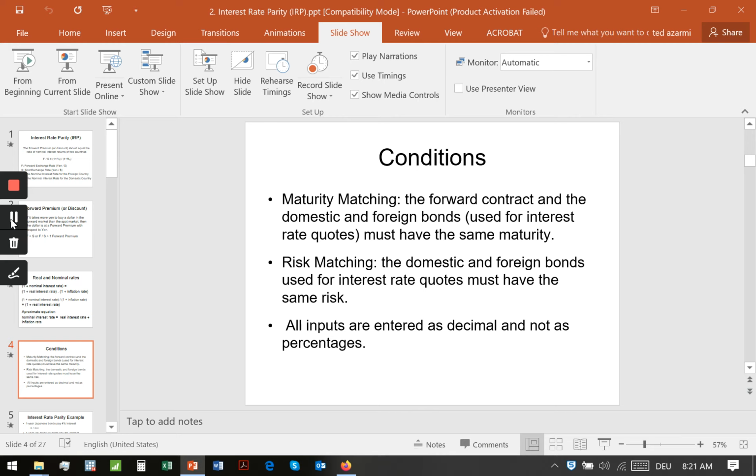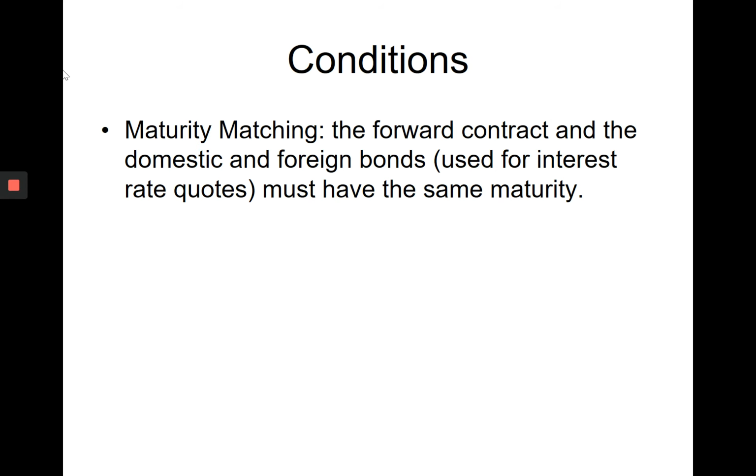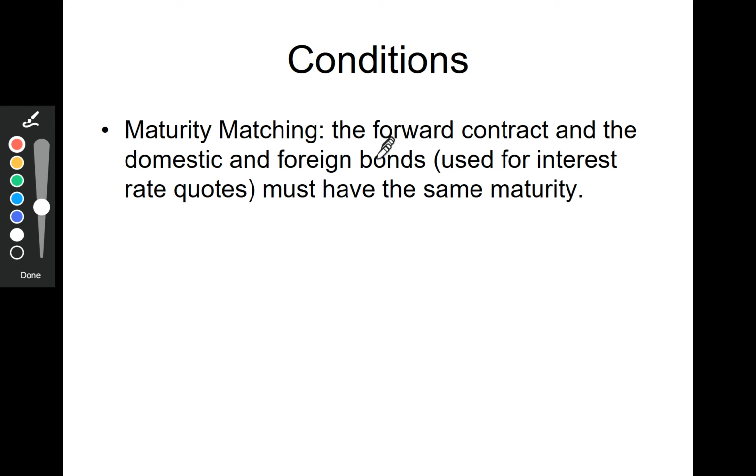Okay, we were talking about maturity matching, and in this maturity matching, we talked about bonds. So it's good for you and me to define bonds precisely right now. I guess the joke is bonds are things that bond people together.